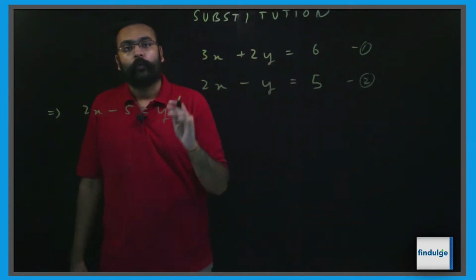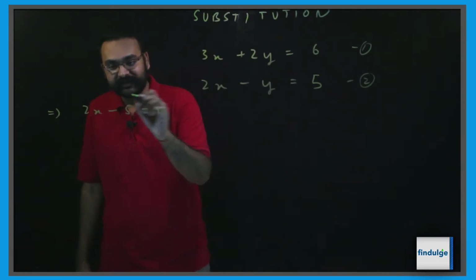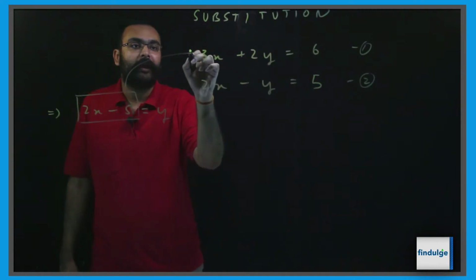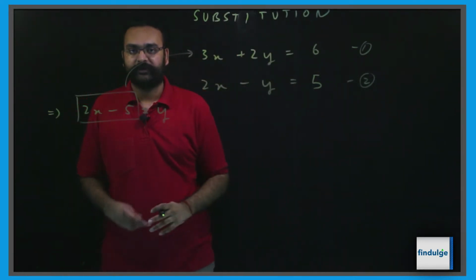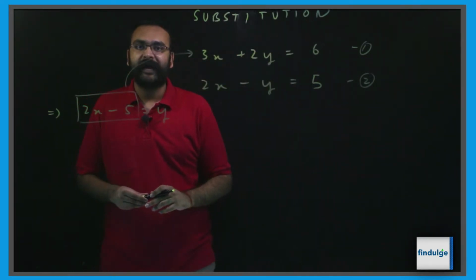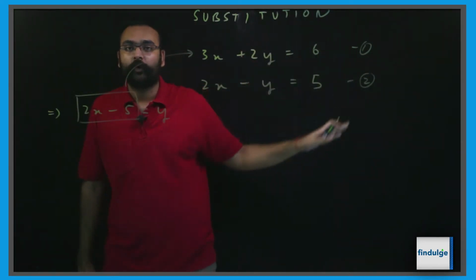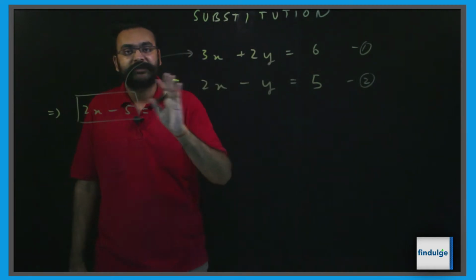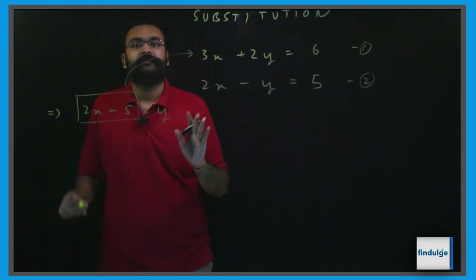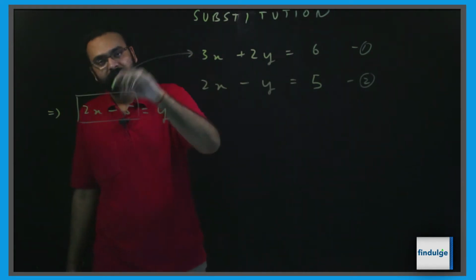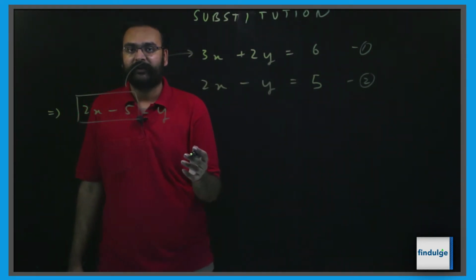Now, what we're going to do is, this value of y, we are going to plug into the other equation, because the purpose behind that is then in the other equation y will go away, we will be left with just x and numbers, so we can solve for x, get the value of x, then come back here and get the value of y.